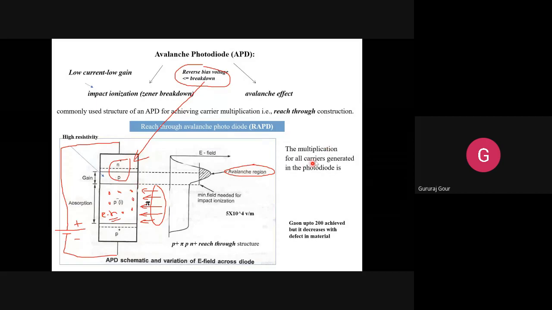Multiplication is happening again and again, bombarding again and again in this region, and we are getting high gain or high current. So this is how things are happening here. That is what is known as a reach through photodiode. Okay.